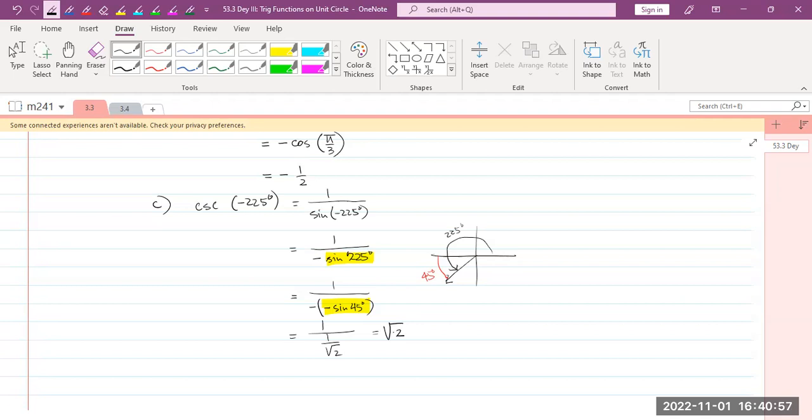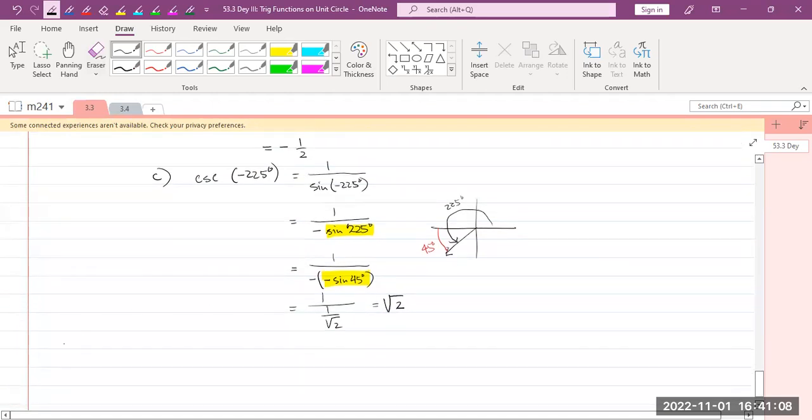We can do more problems, of course. Let's take a look, for example, on number 17 in our textbook. I think this is important. Number 17. Let sine theta equal 1/2.